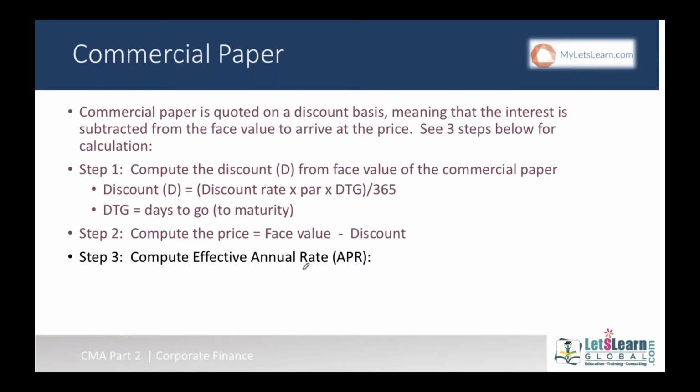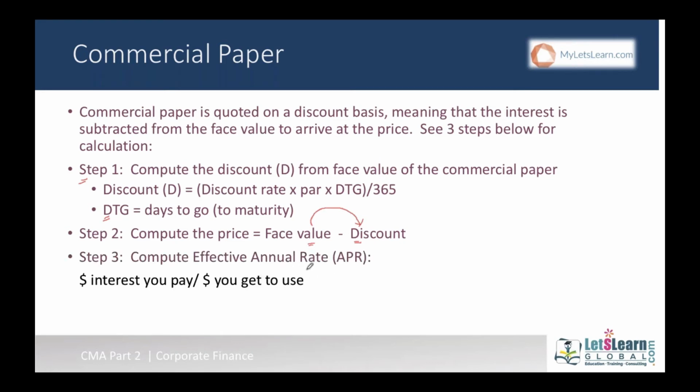So the calculation of the effective rate of interest on a commercial paper includes, first of all, the discount amount and the duration of the commercial paper, then calculating the net amount received, that is, the face value of the commercial paper less the value of the discount given. Then you can calculate the effective rate of interest.